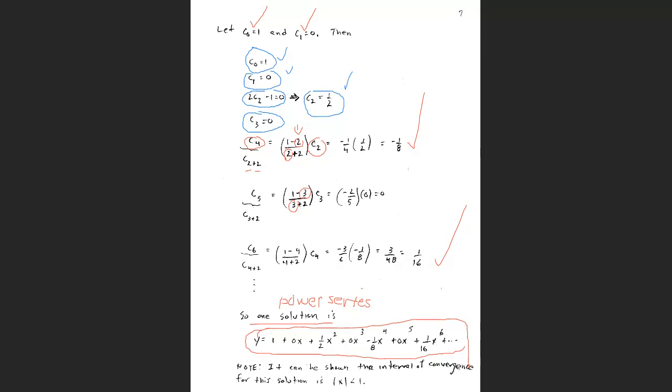This here is C sub 0. C sub 1 is 0, that goes in front of the x. C sub 2 is a half, that goes in front of the x squared. C sub 3 is 0, that goes in front of x cubed. C sub 4 is -1/8, that goes in front of x to the 4th, and so forth. So do you see how we constructed that?